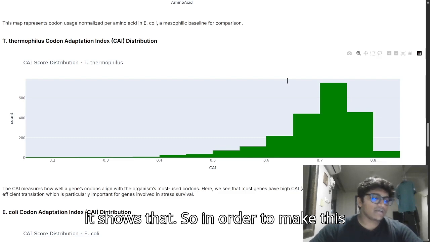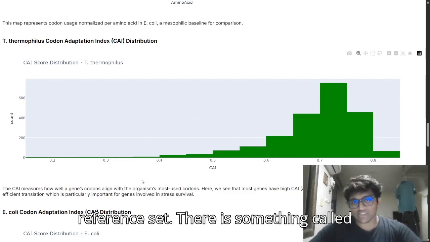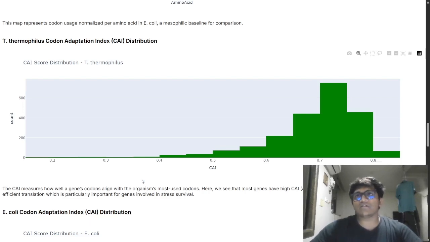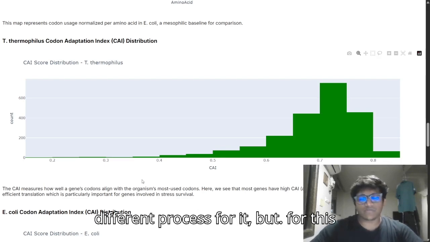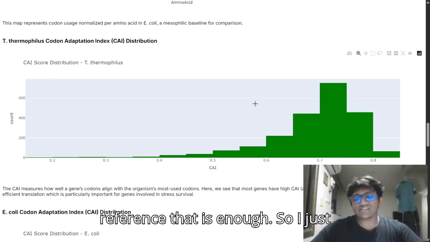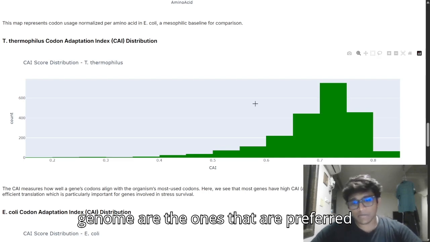In order to make this comparison, I built a fake reference set. There is a proper process where you take known genes, but for this kind of comparison, a fake reference set is enough. So I just assume that the most used codons in the genome are the ones that are preferred.